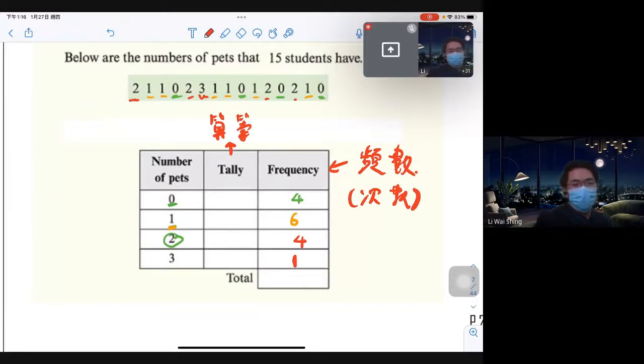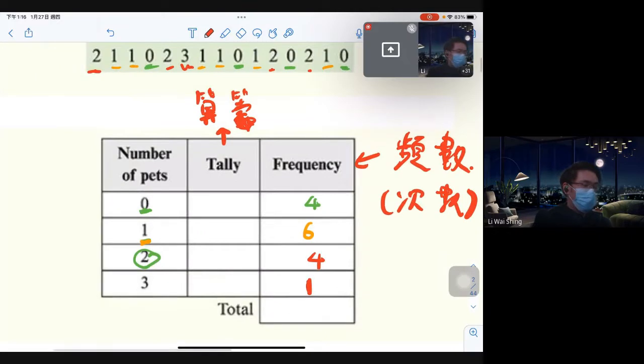You know how to write it. Don't look at my word. Something like this. So what is the meaning of 算籌? That means in Chinese, 畫正字, but in foreign countries, they will use this. And for 6, this, and this. This is tally.